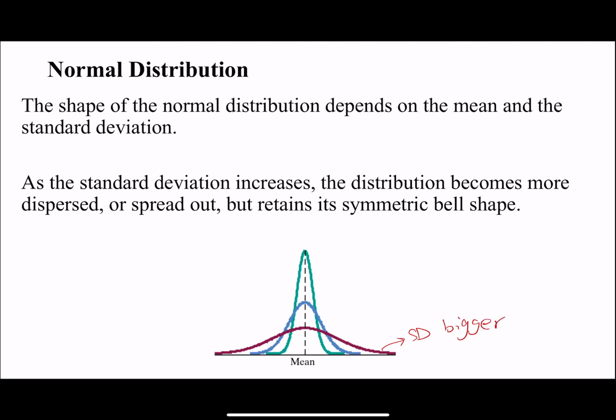Okay, when a standard deviation is smaller, your symmetric bell-shaped graph becomes thin, just like what you see here, right? So the standard deviation here is smaller. So when the standard deviation is smaller, your symmetric bell-shaped graph is thinner. So it's gonna spread out when a standard deviation is bigger, right? But as you see, the mean value is right in the middle.